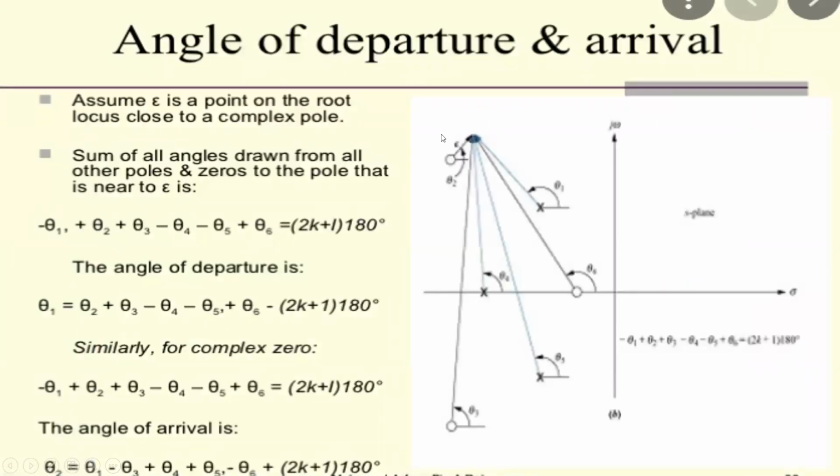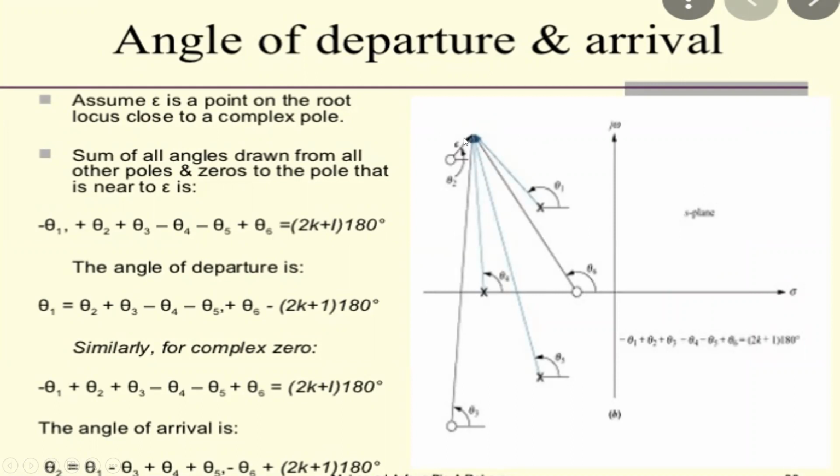And the angle of departure, this is a very important rule. If we have a pole-zero system like this, then how the branches are moving is given by this angle of departure or angle of arrival.